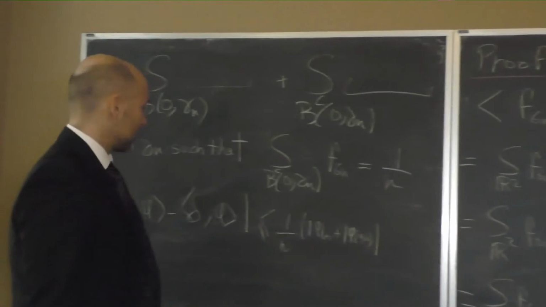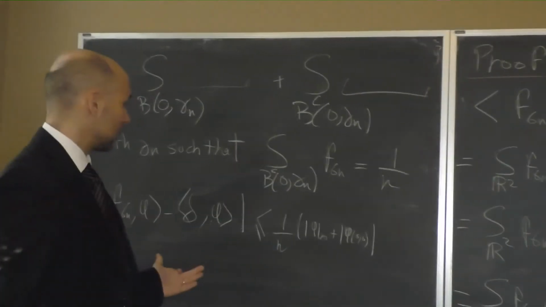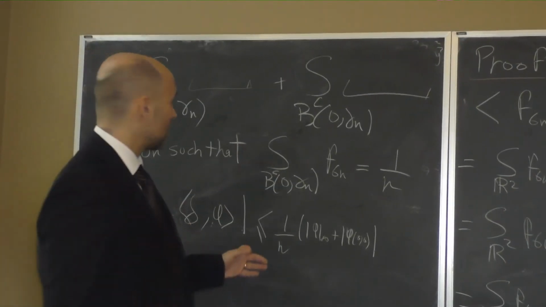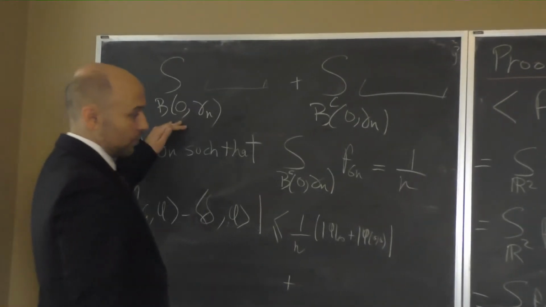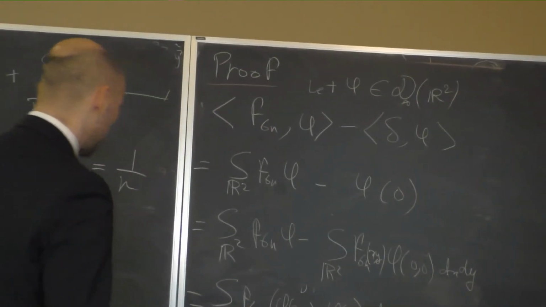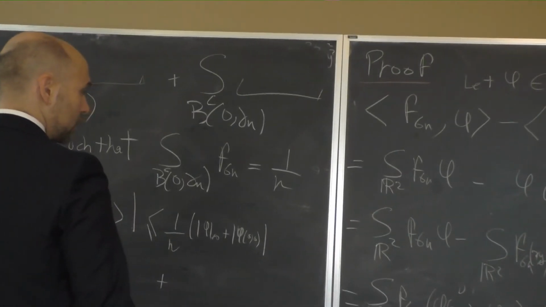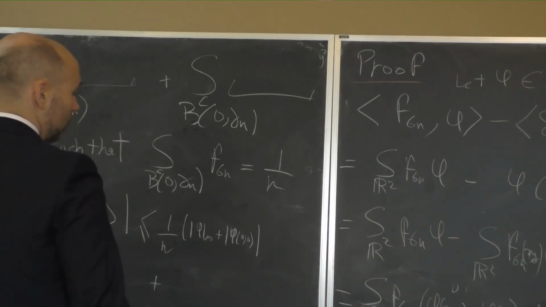So if my gamma n is such that we have this equality, then I can bound this term by that. Plus, now I'm dealing with this term and with this quantity here.